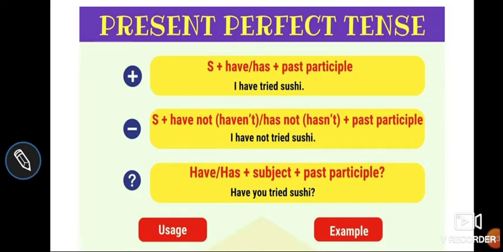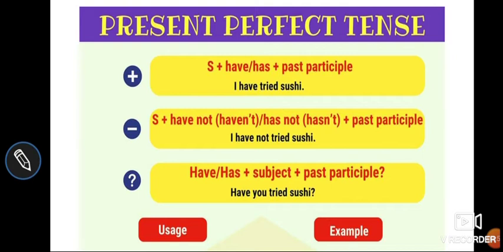Here are compact rules for you. Present perfect tense in the positive sentence: subject plus have or has plus past participle. You have to learn them by heart with these examples to remember them in your future practice. Okay.